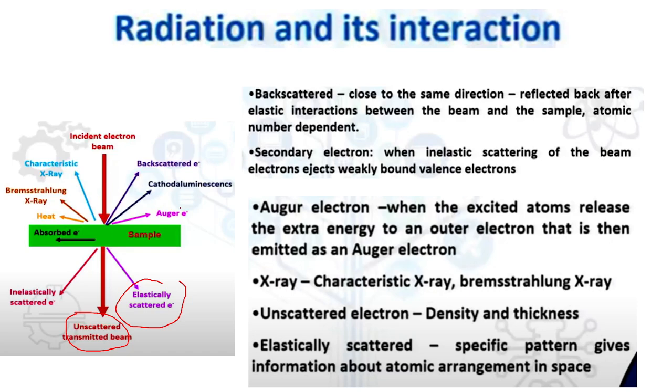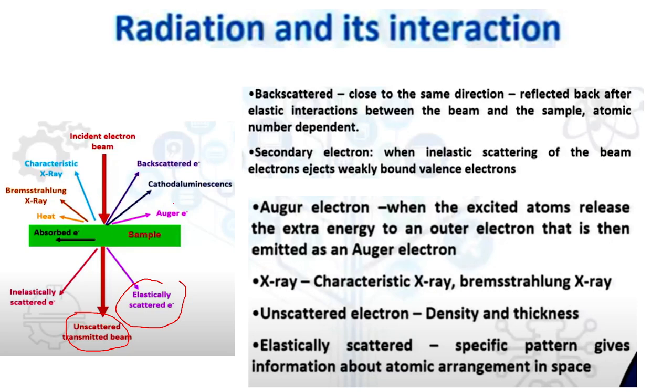After the inelastic collision, some amount of energy will be lost through heat or something else, and then that beam will eject a weakly bound electron from the sample, usually from the valence shell, because the valence shell is far apart from the nucleus, so it is comparatively loosely bound, and those electrons can be ejected.